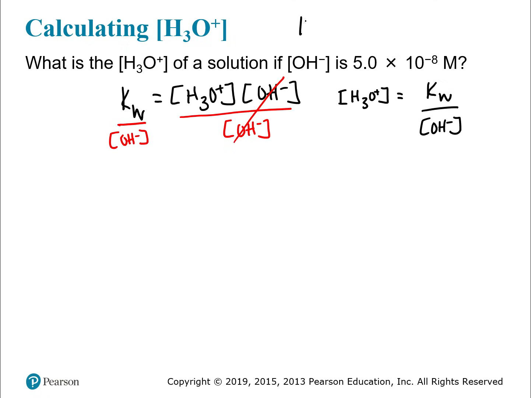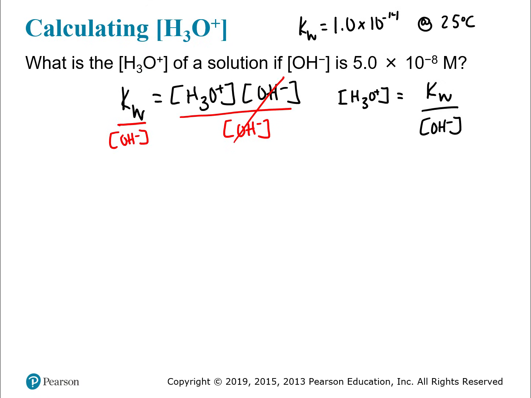And remember, the Kw is equal to 1.0 times 10 to the minus 14 at 25 degrees Celsius. So just assume that that's the Kw value that you're going to use. Unless you're told otherwise, assume that value.